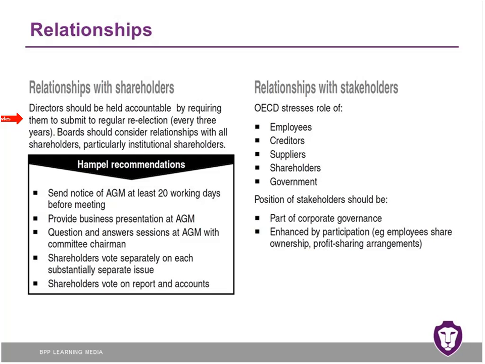There needs to be a question and answer session between the shareholders, and the shareholders have got to be allowed to vote on substantially separate issues, and this is to stop people wrapping up nasty things inside something else. So shareholders need to vote separately, and they need to vote on reports and accounts. And if you can't go to an AGM, of course, you can use a proxy vote.